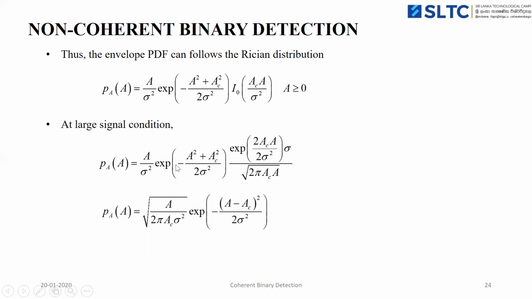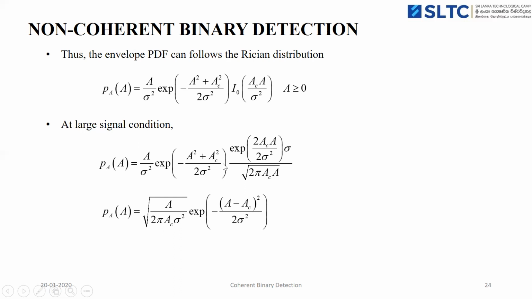Now you can see here exponential, here also exponential. We can combine the exponential terms by adding the powers, so it will be like the a minus b whole squared formula. We can simplify the envelope PDF: P of A equal to square root of A by 2 pi AC sigma squared, exponential of minus A minus AC whole squared by 2 sigma squared.